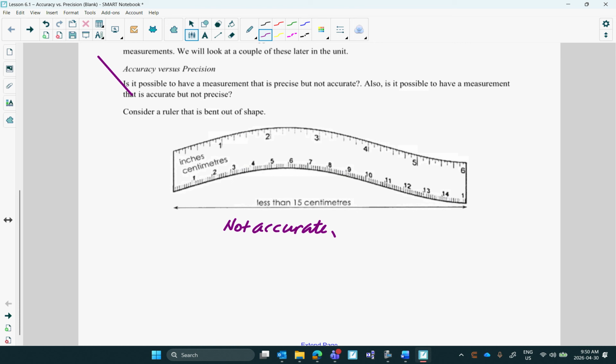But if you measured several times using this bent ruler, it would be fairly precise. You'd keep getting the wrong measurement, but it would be precise. That's the difference between the two. And we'll do another example on the next page that highlights the difference between accuracy and precision.